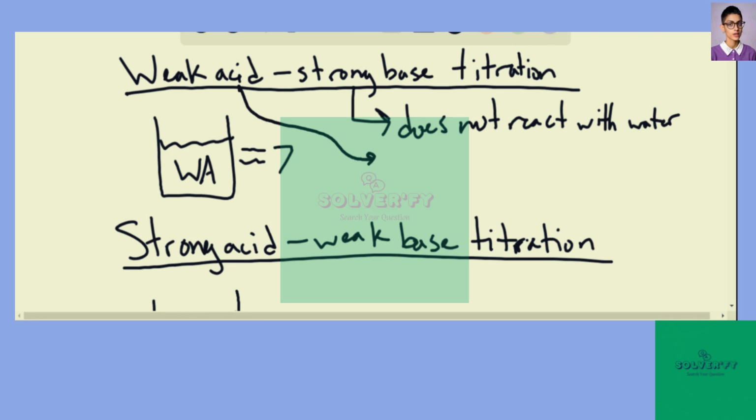And it produces hydroxide because it's a weak acid. It produces more hydroxide ions in the water, and so it makes it slightly basic. Okay.